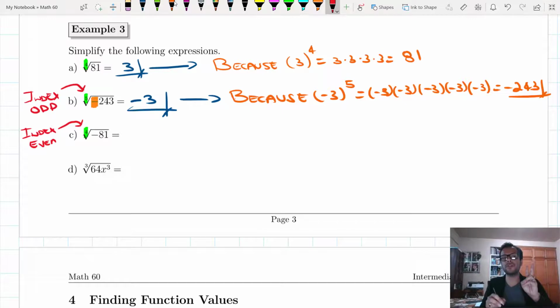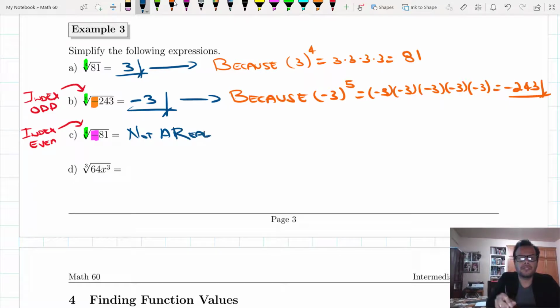That is like the square root, the 4th root, the 6th root, the 8th root, the 10th root, the 12th root, etc. All the even indices. In that case, we need to be careful because those even indices cannot take negative numbers. So in this case, the answer is not a real number.